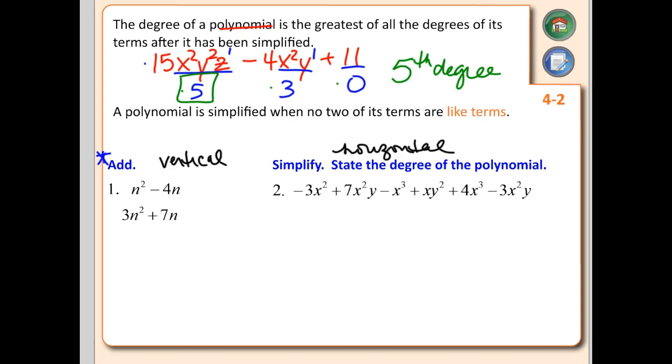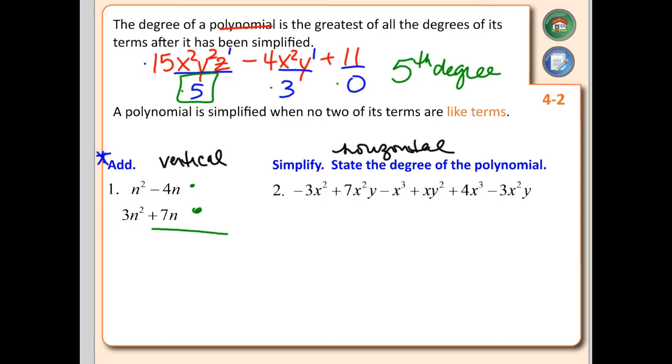So if I'm looking at number 1 and they want me to add those, and it just says add, here's polynomial number 1, and here's polynomial number 2. Now when it's in the vertical method, if you notice, my like terms are already in the same column. So I just have to add down.